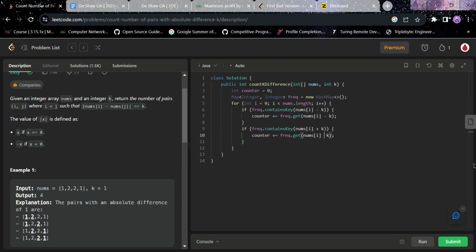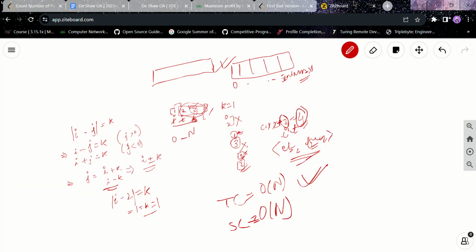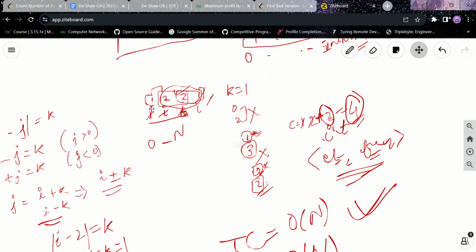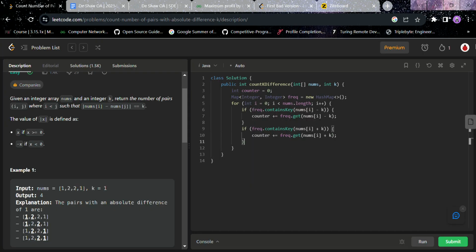And at last we have to update our map also, because we are traversing. At 1 we didn't have any of this value, but when we went to 2, we have this value in our map. So in each iteration we are putting the previously visited values in our map, meaning the current value.